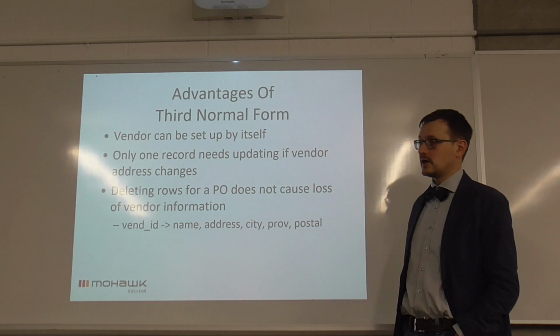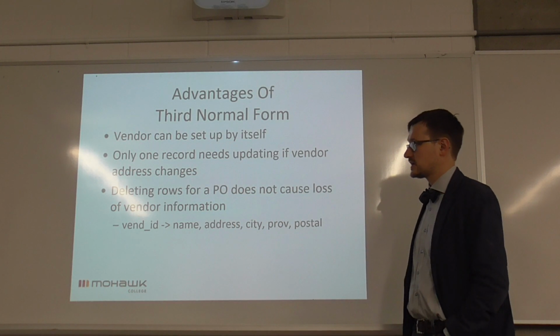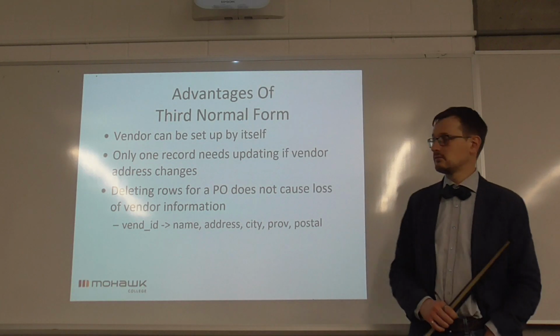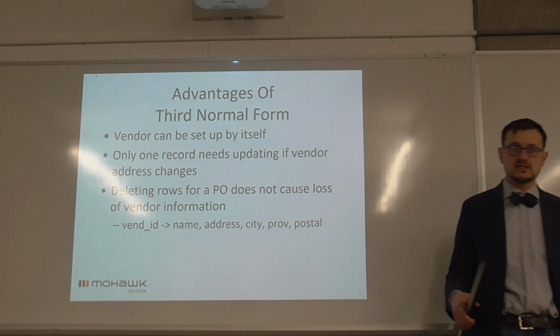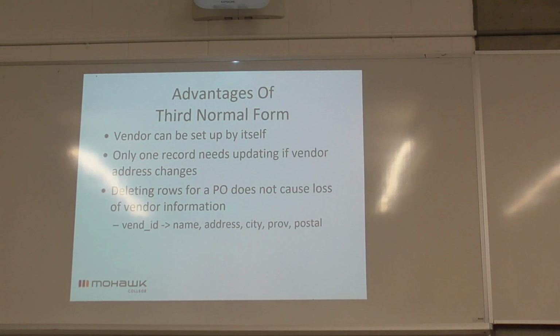Deleting rows for a product order does not cause data loss for vendors. So the deletion problem has been solved. So we are good. We have eliminated all of our anomalies by achieving the third normal form. At least the ones that we're currently talking about.